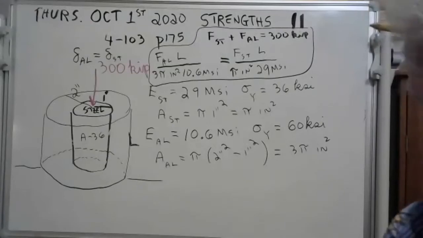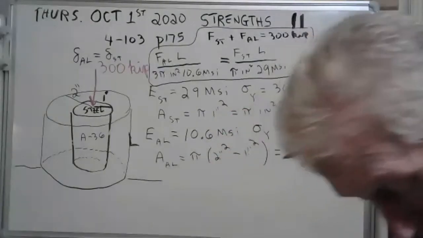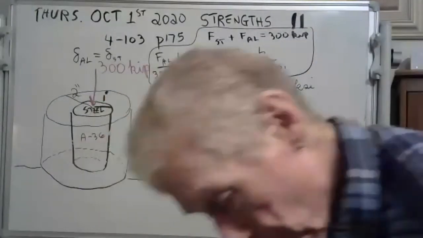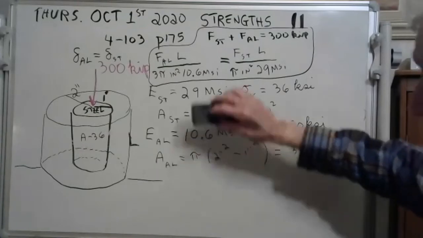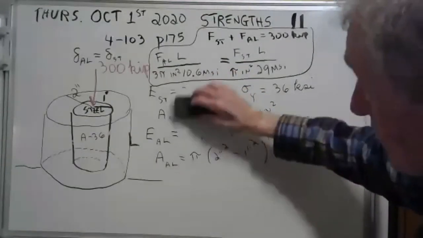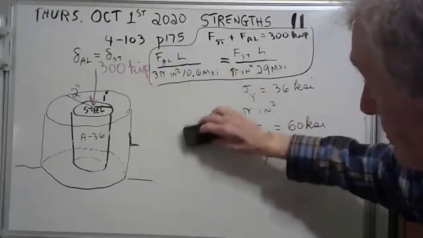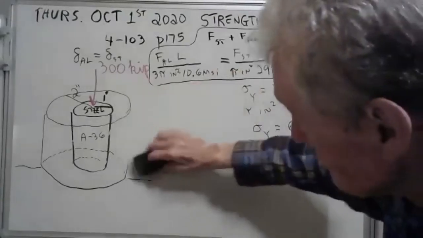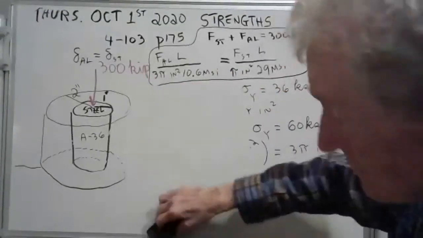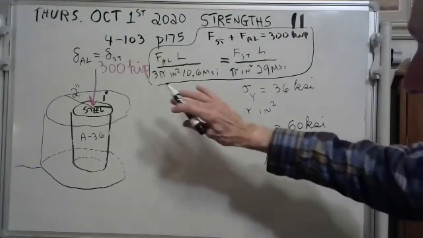I need a little room to operate, so I'm just going to sacrifice some of this here. I think I can reconstruct those. I'm going to do a little algebra now.